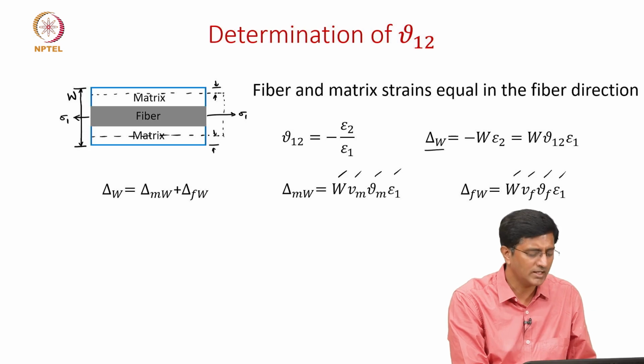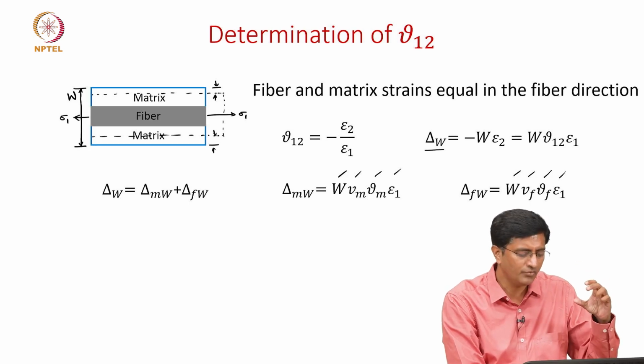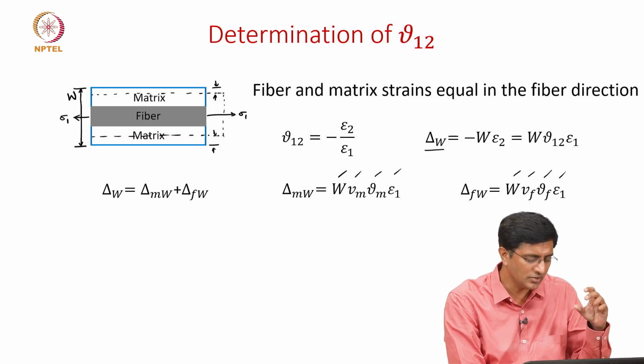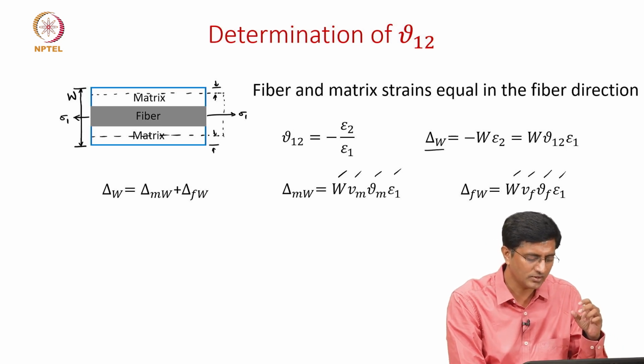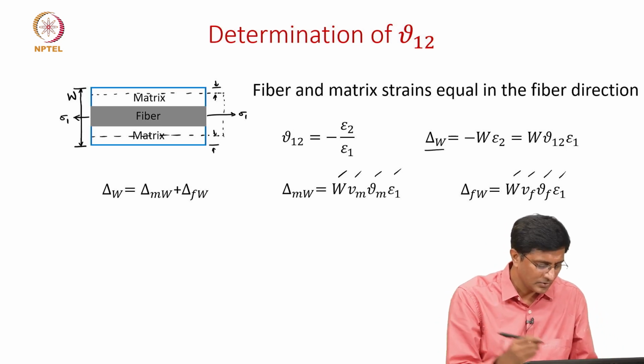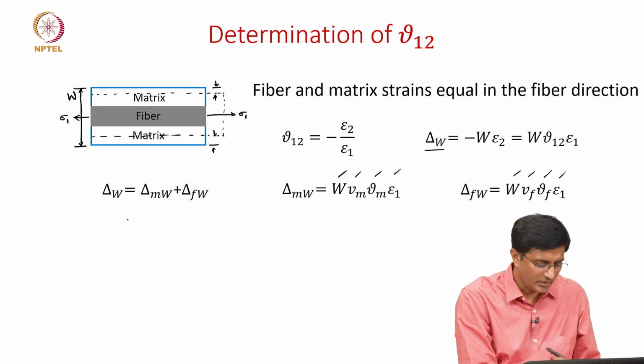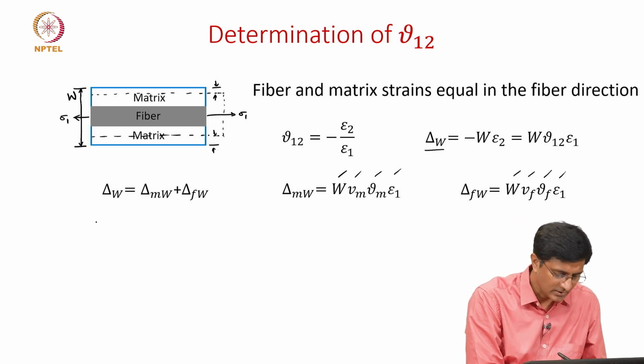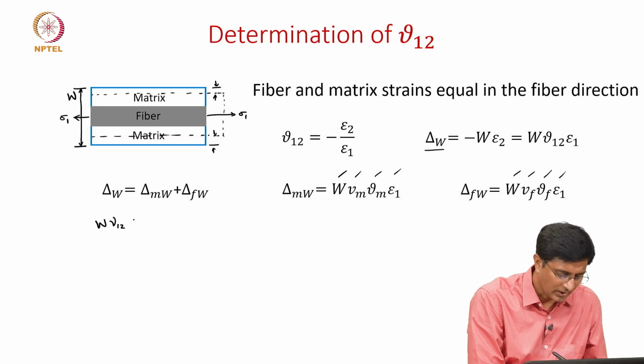So we start with saying that the total change in width is because of change in width in the matrix plus change in width of the fiber. To write it as for delta W, I can replace it as W times the Poisson ratio nu 1 2 times epsilon 1 equals.